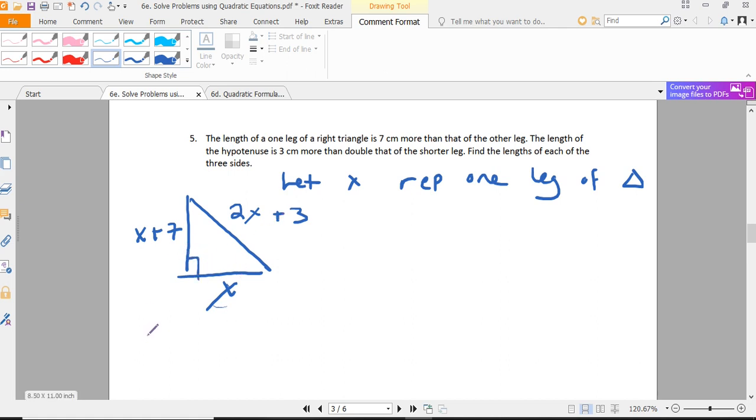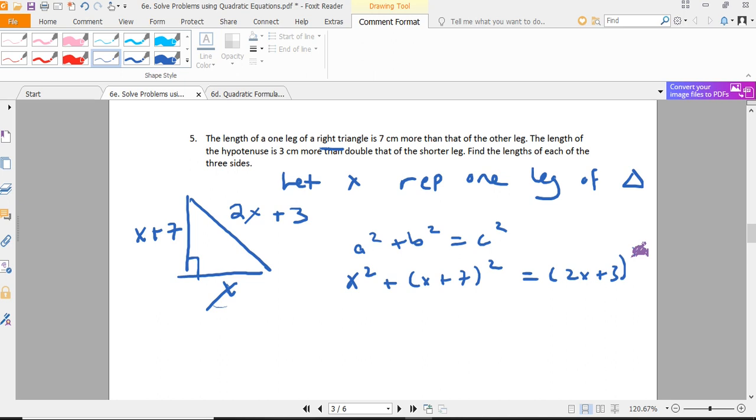Well, right triangle, 90 degrees, I can use Pythagoras. a squared plus b squared equals c squared, which means I have x squared plus (x plus 7) squared equals (2x plus 3) squared.